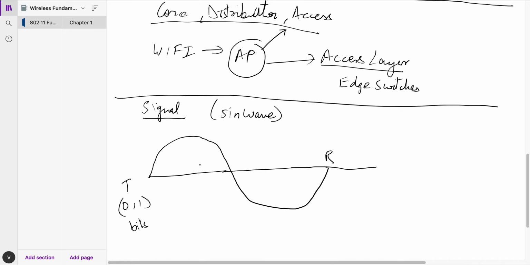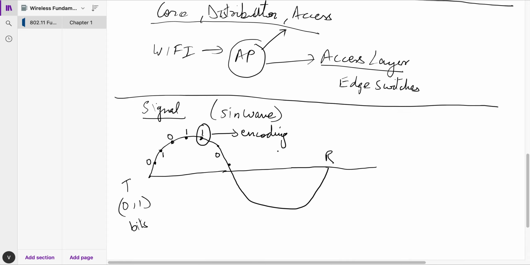Now, how we adjust these bits onto the signal, it'll be like zeros and then ones, zero, one, or one and then zeros, whichever way it is. This is called encoding the data onto the signal.